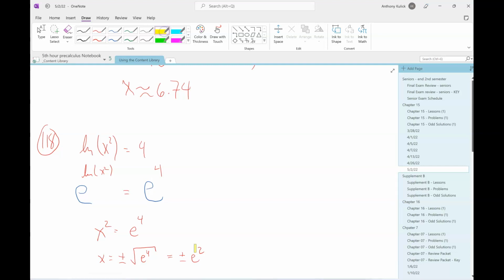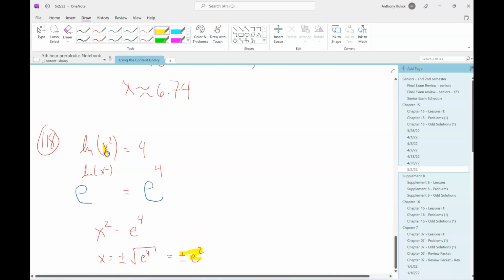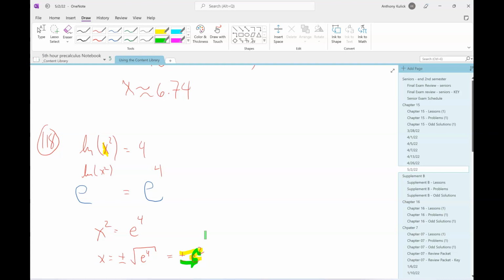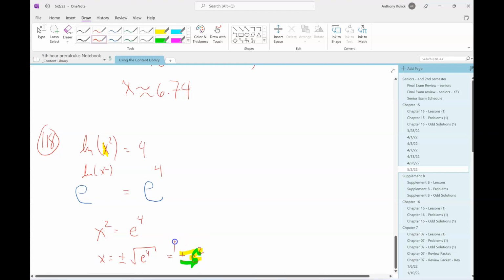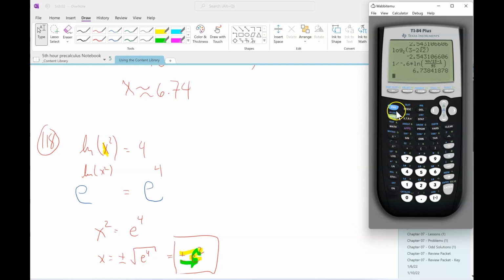If I plug in positive e squared into x, well, positive e squared squared is a positive number, so that one's fine. And if I plug in negative e squared, negative e squared squared is also going to be positive, because when you square, the negative goes away, right? So both of these answers should be fine. So plus or minus e squared would be fine. Or if you wanted to write it as a decimal, you could type it into your calculator.